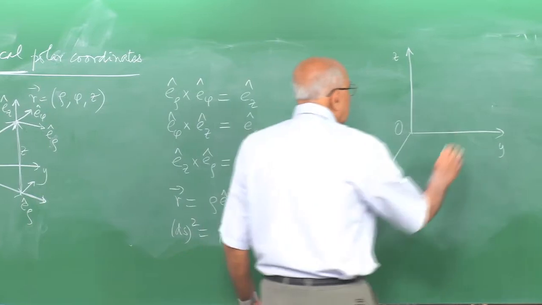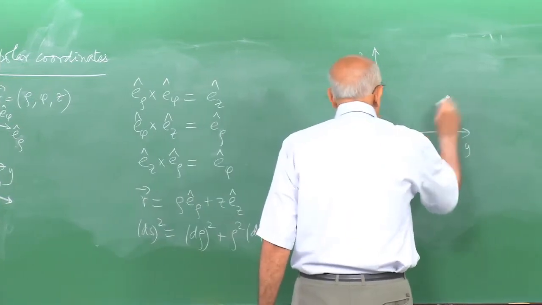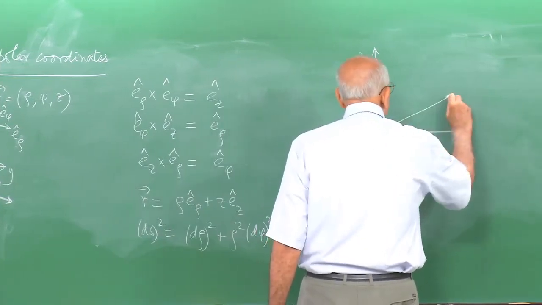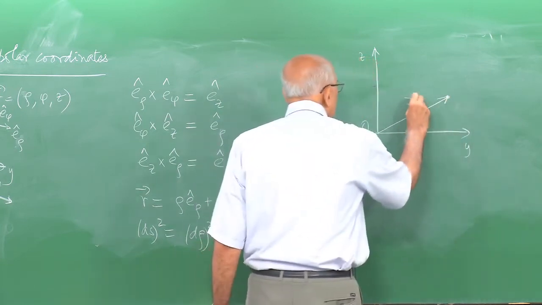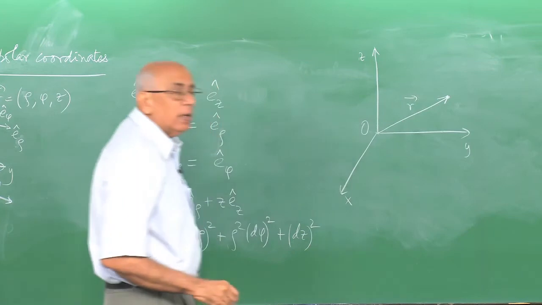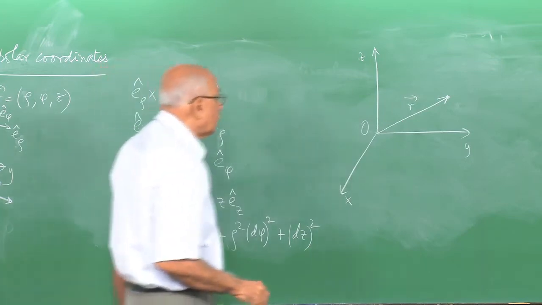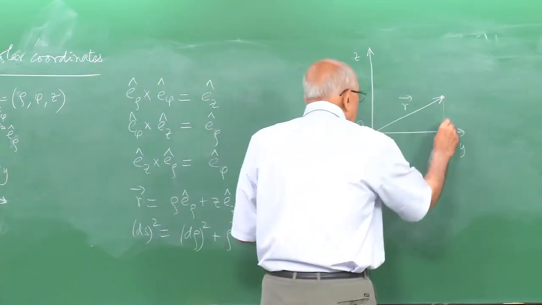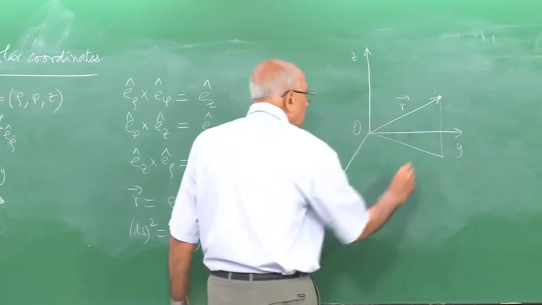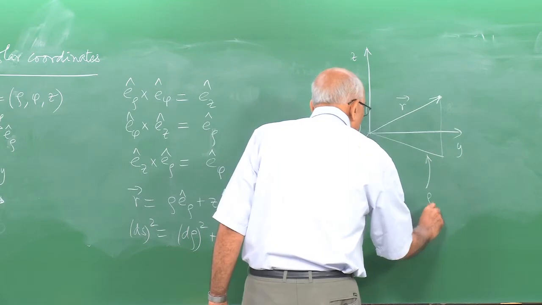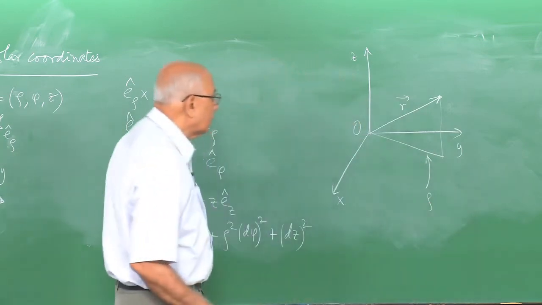If you took an arbitrary point here, and that was the radius vector to it, vector r, then spherical polar coordinates correspond to the following. You draw a projection onto the xy plane as before. That was rho, if you recall. So this quantity was equal to rho here.